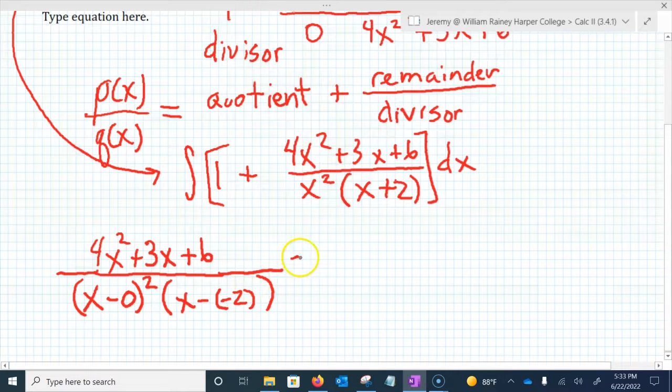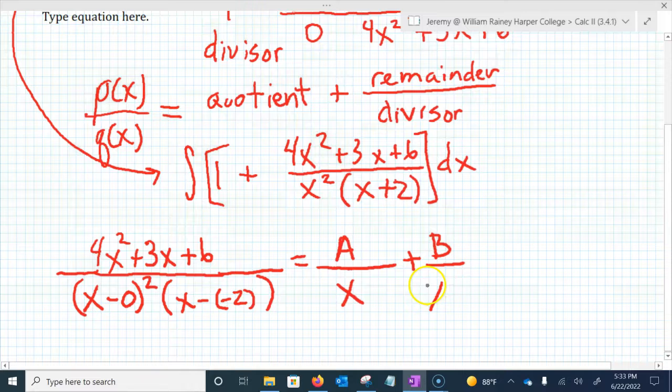So this is going to be equal to a over x plus b over x squared. I mean, you could write x minus 0 and x minus 0 squared, but that's what you get, plus c over x plus 2. All right, so all I'm focusing on is this part here.